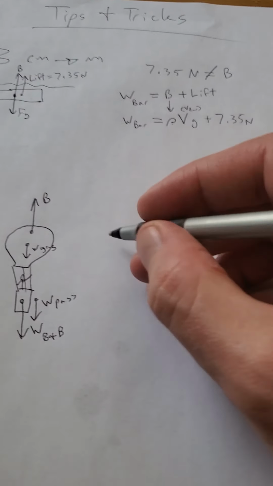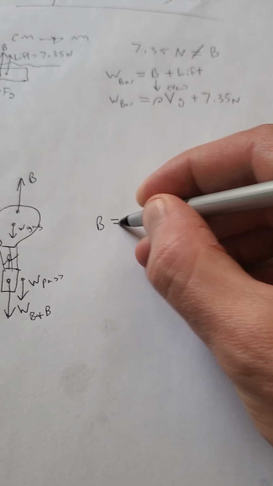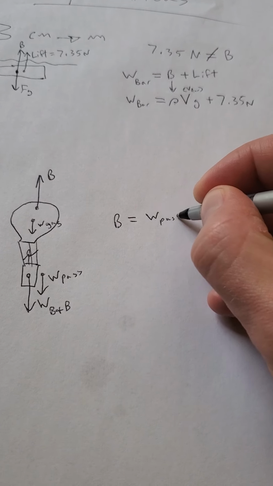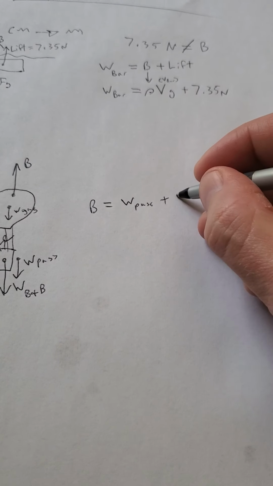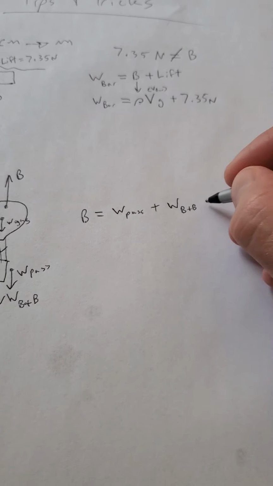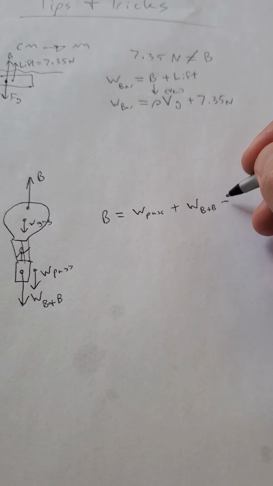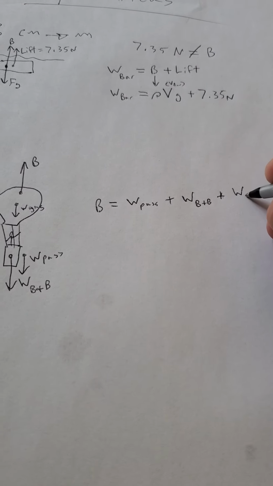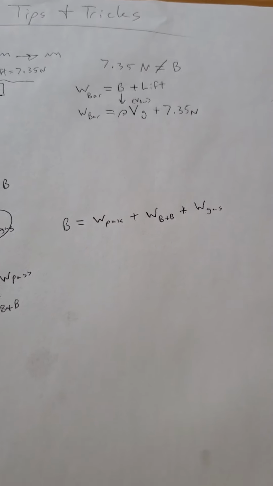So when you set up this problem, buoyancy is going to be equal to the weight of the passengers plus the weight of the basket and the balloon plus the weight of the gas contained.